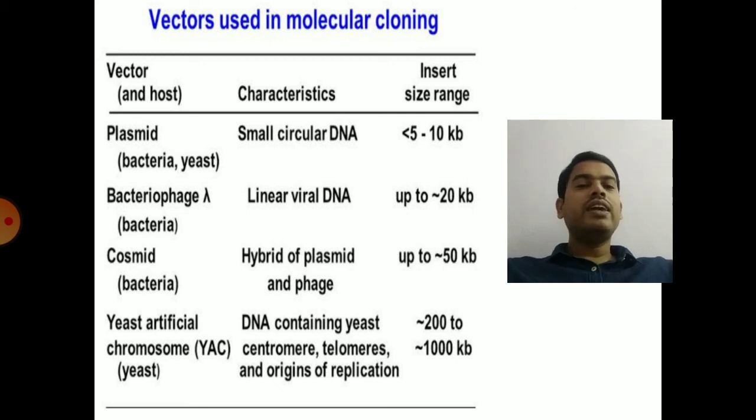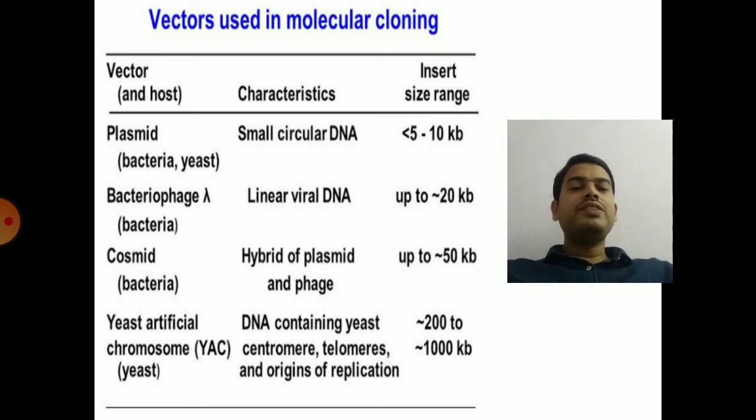It is a linear viral DNA, which has cos sites, and it can insert 20 kb DNA. And a cosmid, which is a hybrid vector of plasmid and phage, contains cos sites and the origin of replication of E. coli. The insert size is around 50 kb for a cosmid.